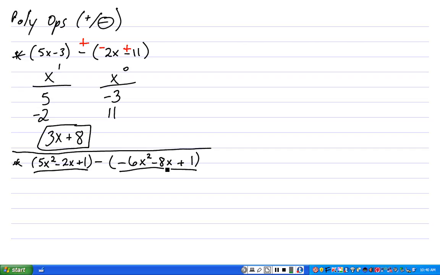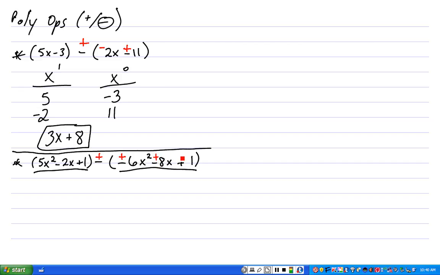And we do that once again by changing subtraction to addition. And if we're going to change subtraction to addition, we have to change all the signs of the polynomial that follows the minus sign. So this negative 6 now becomes positive 6. This negative 8 now becomes positive 8.